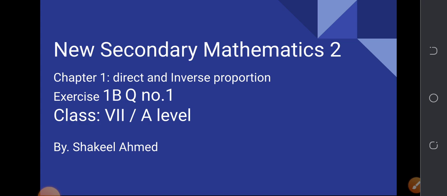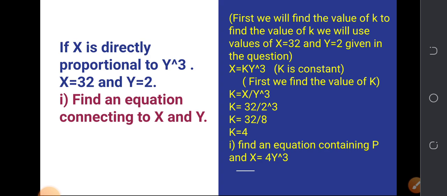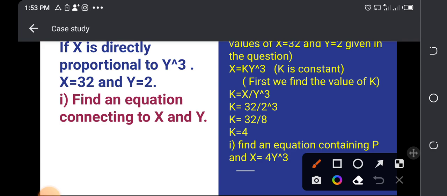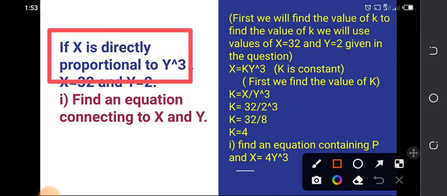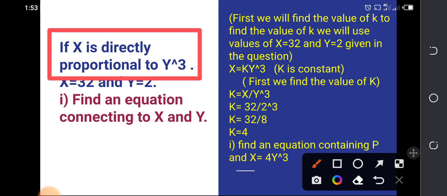Let's start. Question number 1 of this exercise is: if x is directly proportional to y cube. Here, this one is the exponent, this one is the power of y. The power of y is 3, or you can say the index of y is 3.